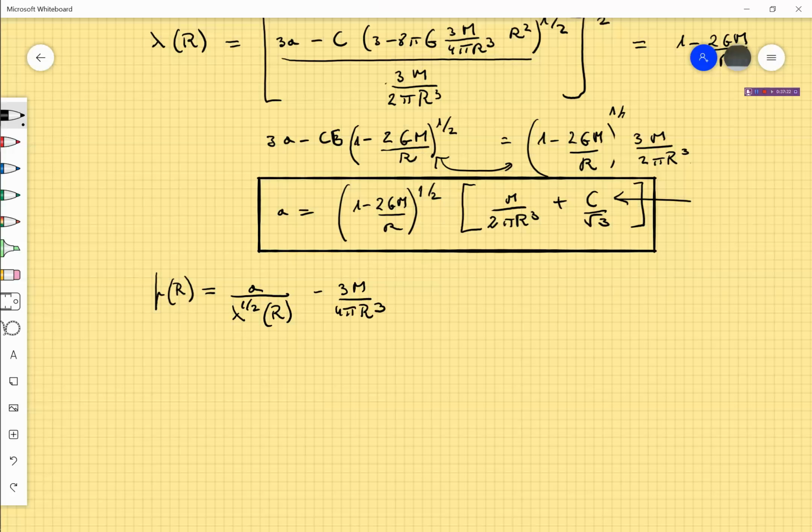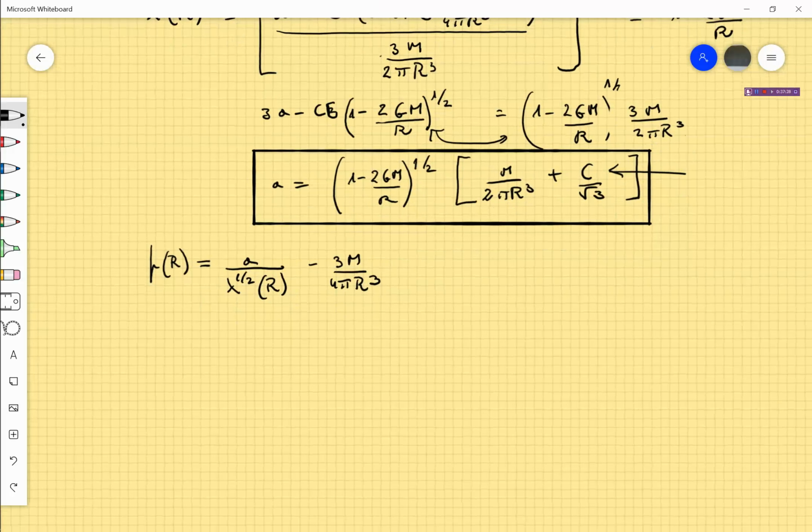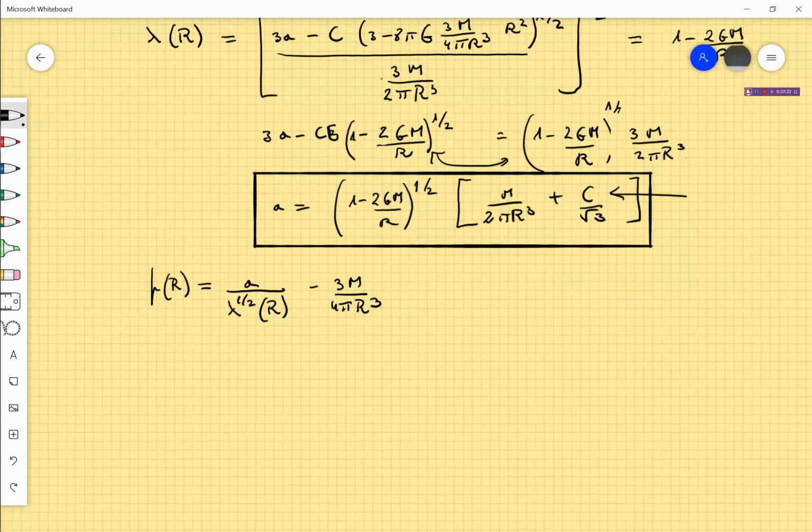Once we are using the total mass instead of the density, of course we can immediately substitute a and lambda 1/2.